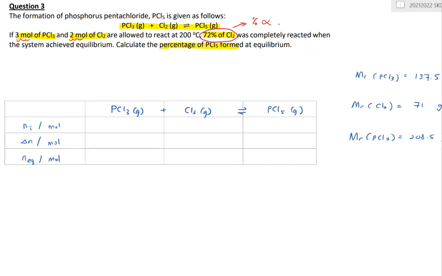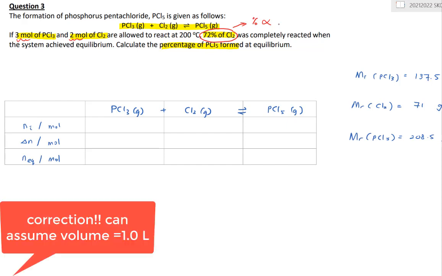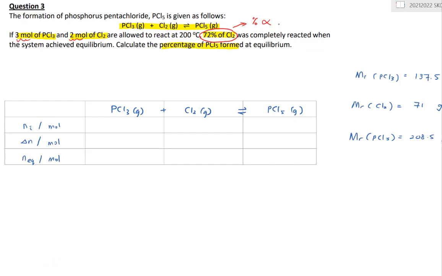So if the question only gives you a number of moles, you can either choose to convert into concentrations, in which case you assume the volume equals 1. Otherwise, you can just keep the ICE table using number of moles. So let's fill in the information in the ICE table.